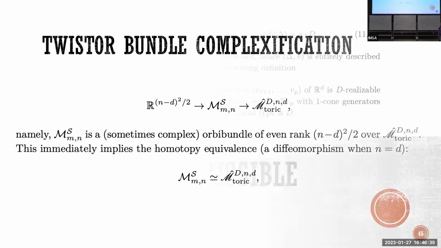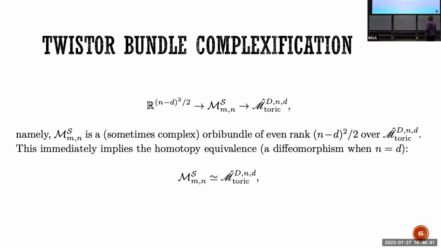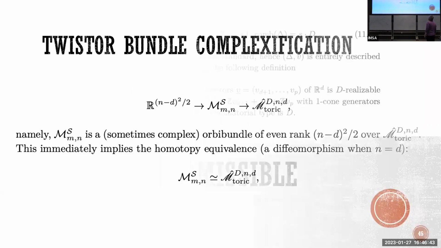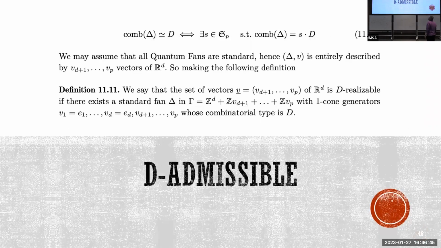So that's that. This is a twistor bundle. In any case, this is just an obvious condition that I have to ask between H and D, the combinatorics. And I have to ask that there can be fans with that combinatorics for a given H. If I take H, there's some combinatorics that can be realized, some that cannot.